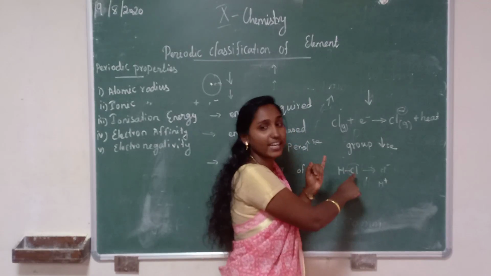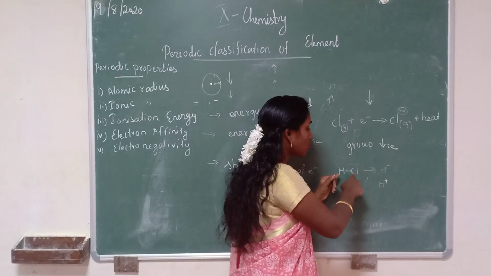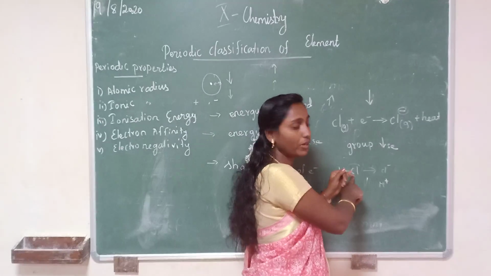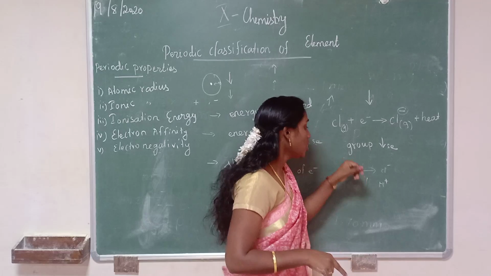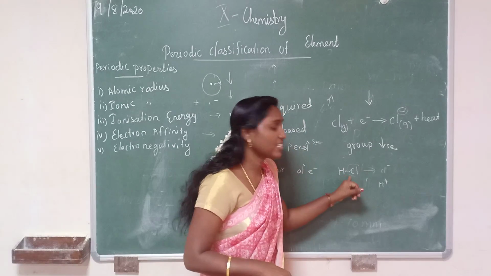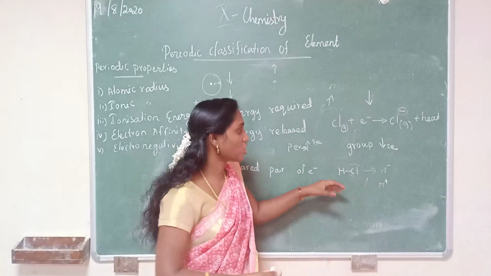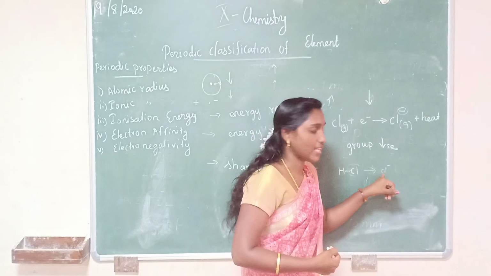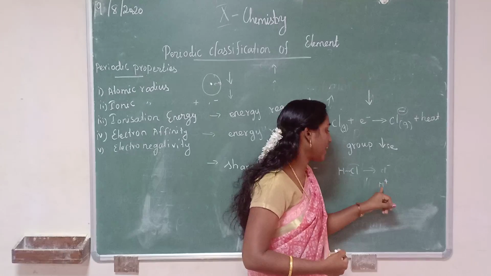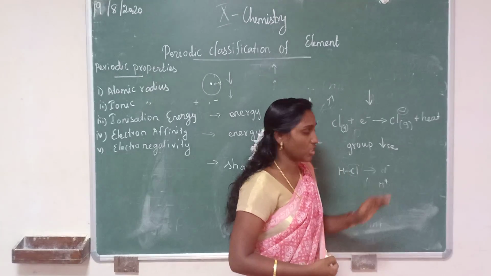Let us consider the HCl molecule. Chlorine has more electronegativity, so it will attract the shared pair of electrons towards itself to form a negative charge, that is chlorine minus, and this hydrogen will get a positive charge.